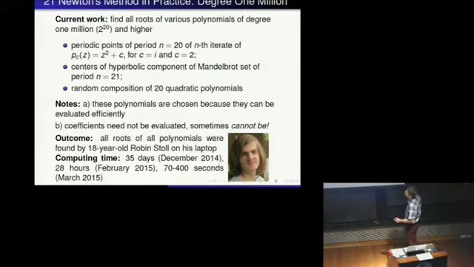The first time we did this, December 14, as I said, it's recent, it took 35 days or so on the university computers until the degree 1,000,000 polynomial was factorized completely. Then he realized he could improve the algorithm. Then it was just a bit more than a day in February. And in March, it was just a matter of minutes to find routinely all roots of these polynomials.